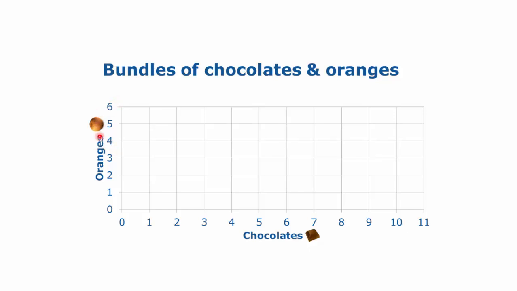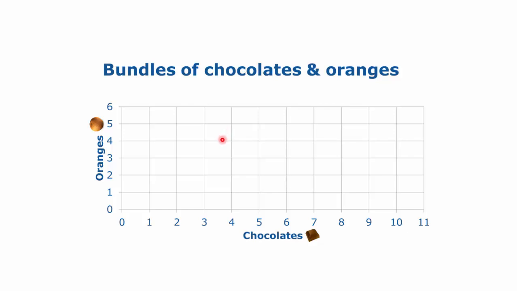Oranges on the one hand, you see that here labeled on the vertical axis, and chocolates on the other hand, here you see the label on the horizontal axis. And me as the consumer, I have to figure out how many oranges and how many chocolates I would like to consume. I have to figure out what my optimal bundle of consumption is.